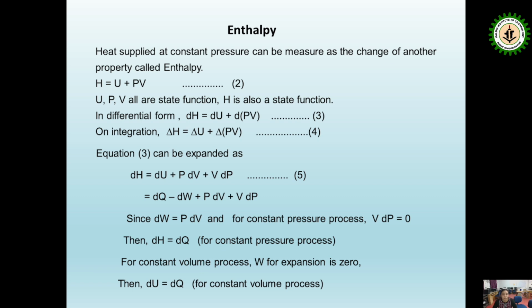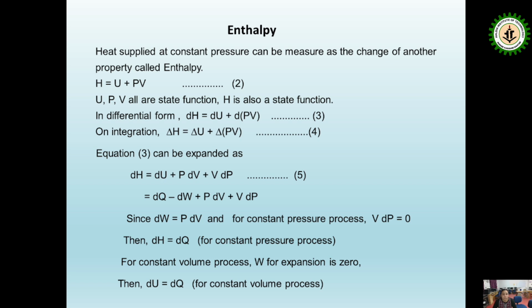In a constant pressure process dP equal to 0. So equation 5 reduces to only dH equal to dq.